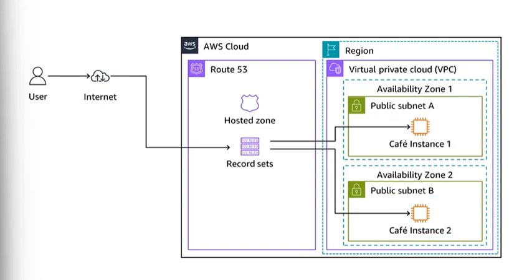And we want to configure Amazon Route 53 so the HTTP requests go to the instance that we can see in availability zone 1 as the primary instance, and the instance in availability zone 2 as the secondary.